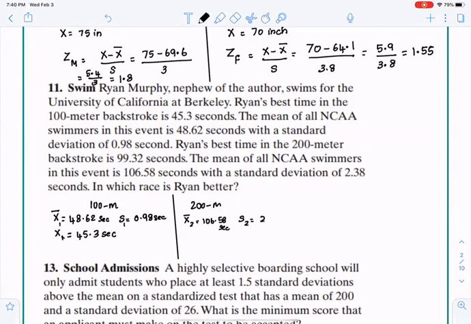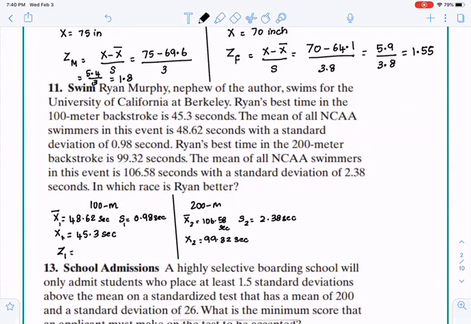The standard deviation is 2.38 seconds. And Ryan's time is 99.32 seconds. Now we can convert the observations to z-scores and put them on the z-score scale.